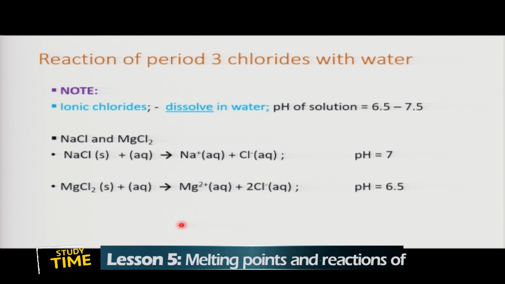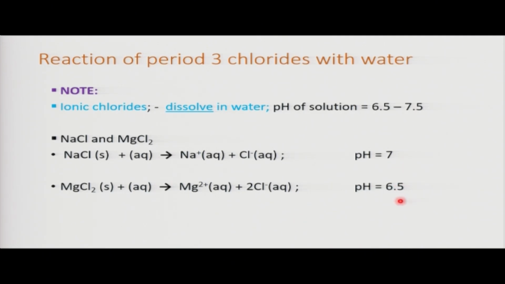For them, they do not react, so we do not bring water as a reactant in there. And you take note of the pH. This is slightly less than 7 because of the slight covalent nature in magnesium chloride, brought in by the polarizing power of the magnesium cation, having a positive 2 charge. It slightly polarizes the chloride, bringing the pH to be not exactly neutral as 7, but slightly less.